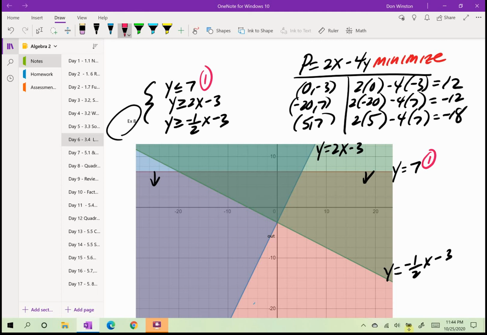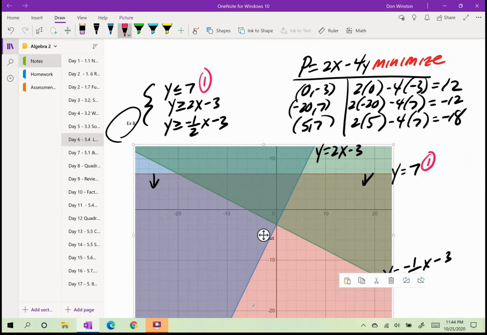So my y-intercept is negative 3 right there. And my slope tells me to go up 2 and over 1. Okay, and then I draw that line. So that's the equation y is equal to 2x minus 3. That's equation number 2. And that says I have to be above that line. I have to be above it.